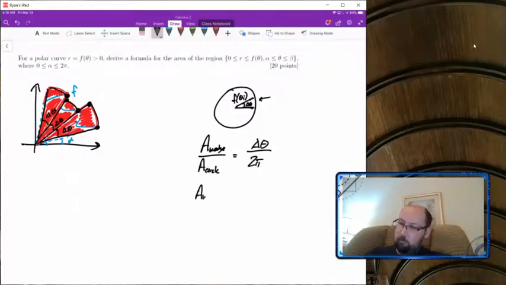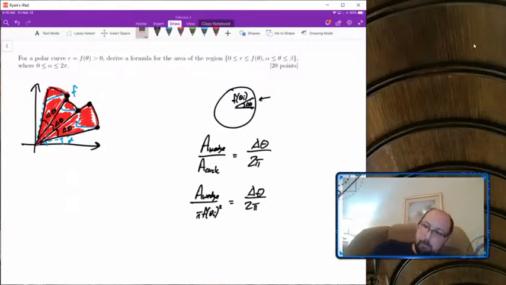If the radius is f of theta I, I know the area of the circle is pi times f of theta I, squared. Sorry, mistake there. It should have been pi r squared for area.